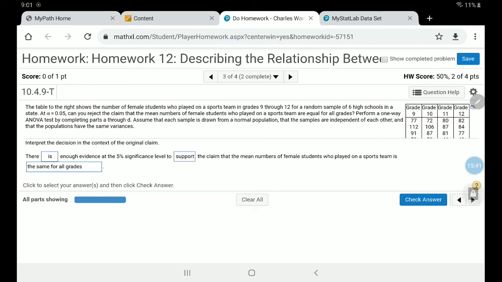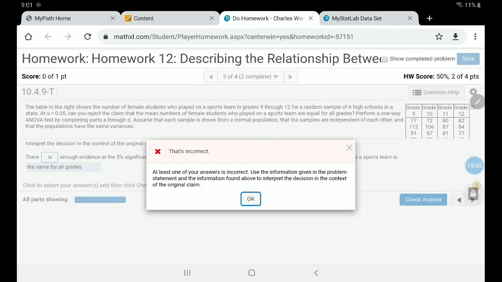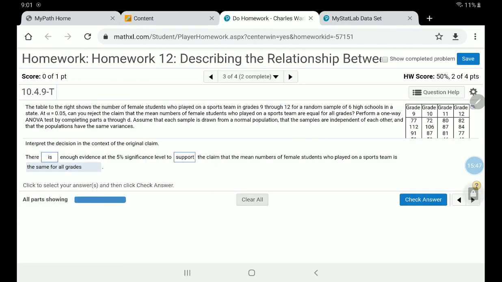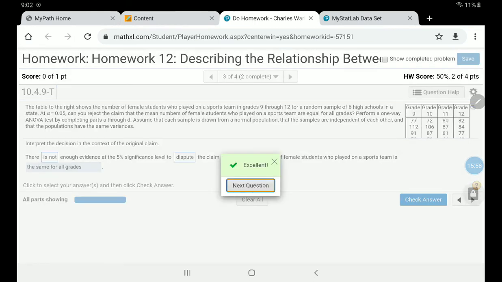That was the claim. The claim is that they were the same. I guess another way to say it is there's not enough evidence to dispute that. All right. So you can learn from my little fumble there. There's not enough evidence to dispute that claim.